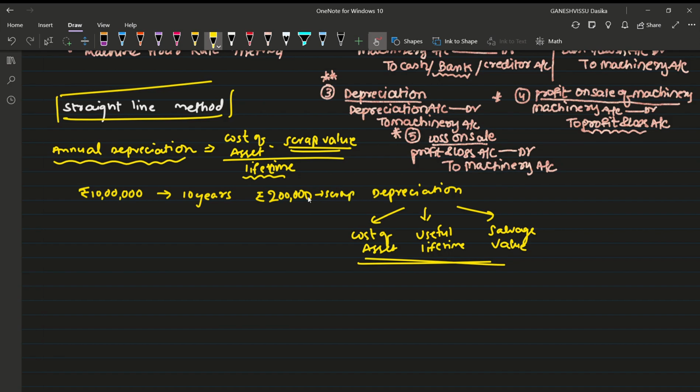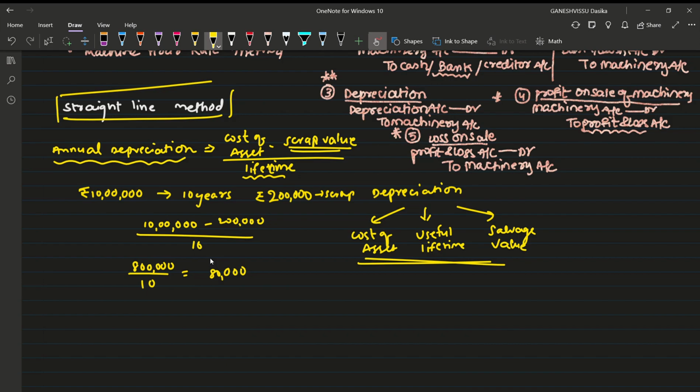Then what will be the annual depreciation? Simply 10 lakh rupees, and there is no expenditure incurred, so minus scrap value 2 lakh, divided by lifetime of the asset, which is 10 years, so 8 lakhs divided by 10, 80,000 is the value of annual depreciation.